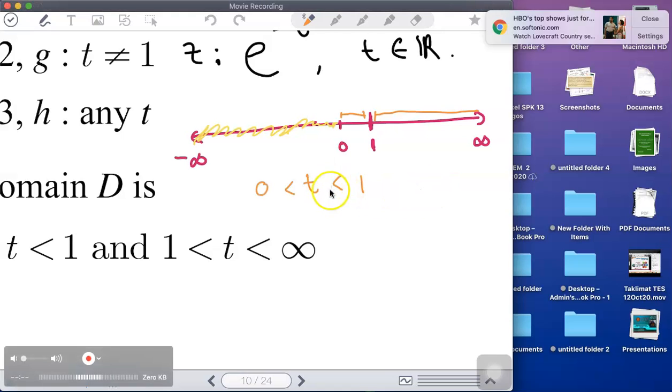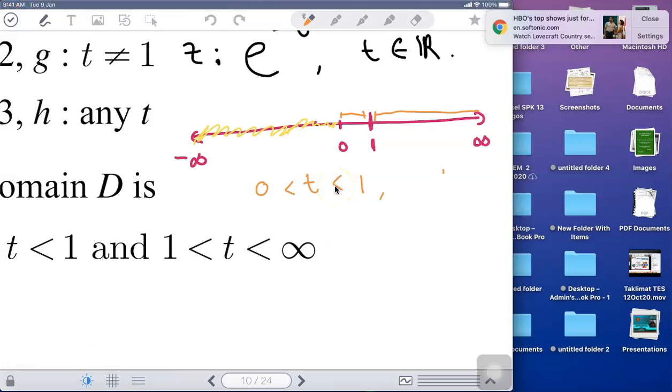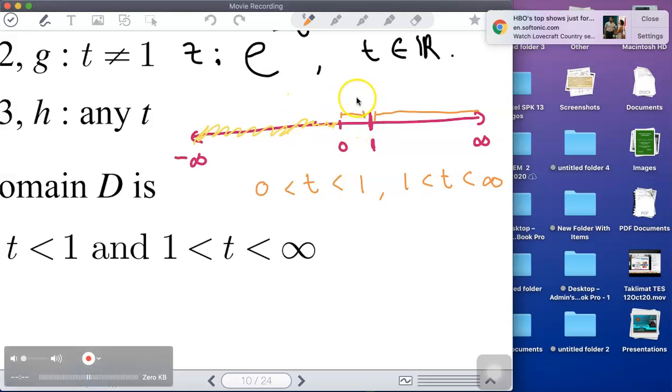Also we cannot have t equal to 1, so that's why here we don't put the equal sign. And then the second interval, we can put 1 to infinity. Okay, so this is the first interval, 0 to 1, and then 1 to infinity.